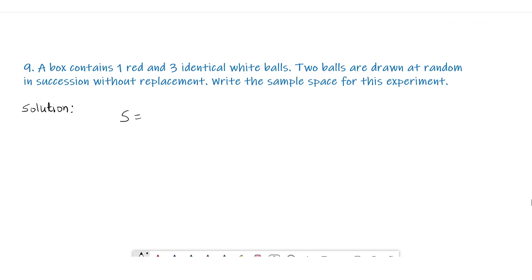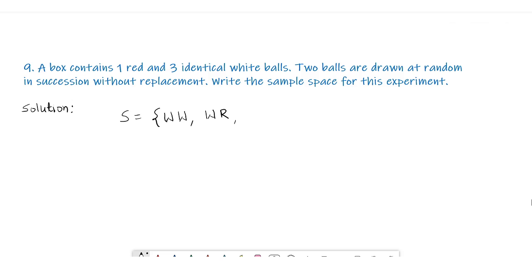In first draw we get a white ball, so we write W for first white ball, and in second draw again we can get the white ball, so we write W again for the second white ball. Or we can get the first white ball and second red ball, so we write W and R for red ball.